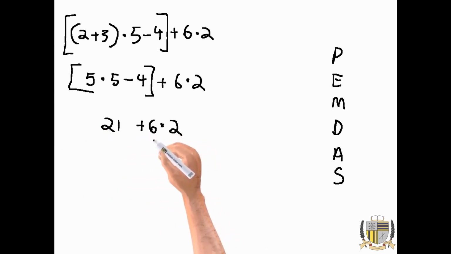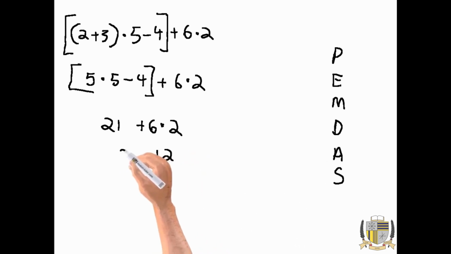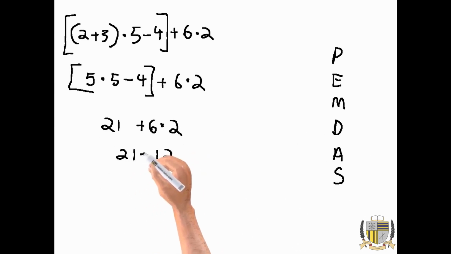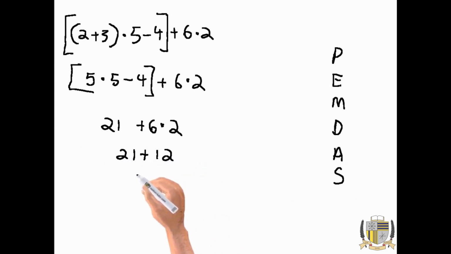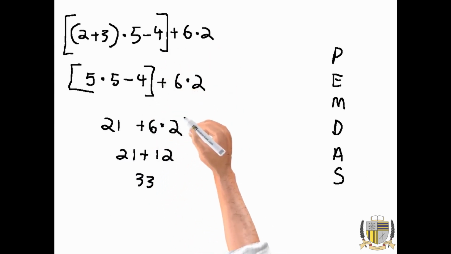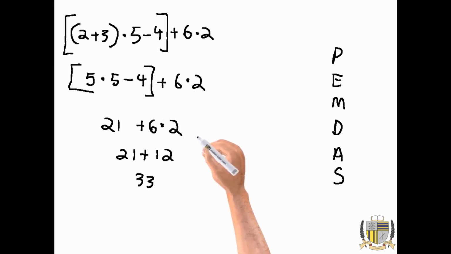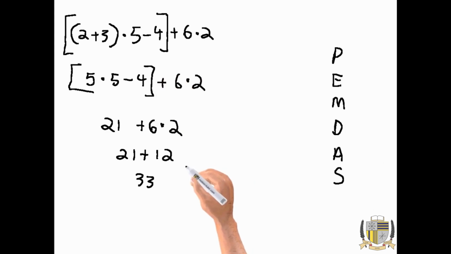And in the order of operations, the multiplication is going to come before we add. And so that was the 6 times 2, which is 12. So we end up having that 21 plus 12. And 21 plus 12 is 33. So I just wanted to rewrite it, showing the full steps. But it's the same thing as what I did previously when I was erasing as I went along.